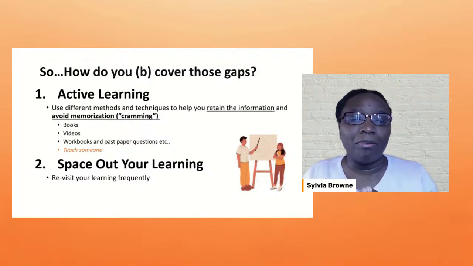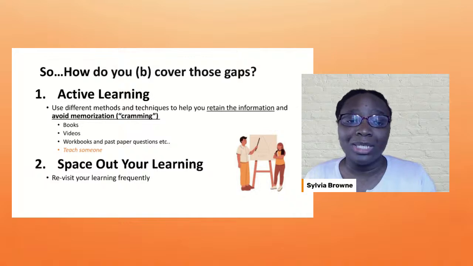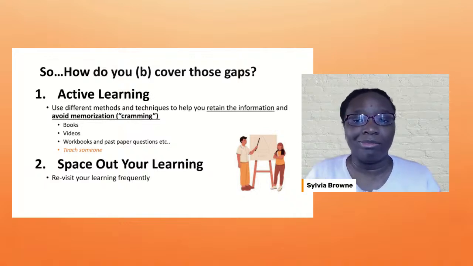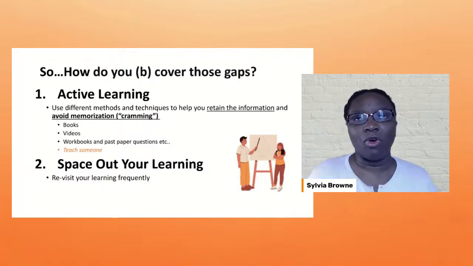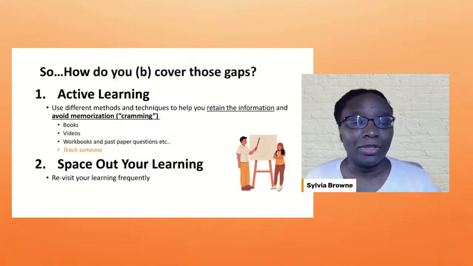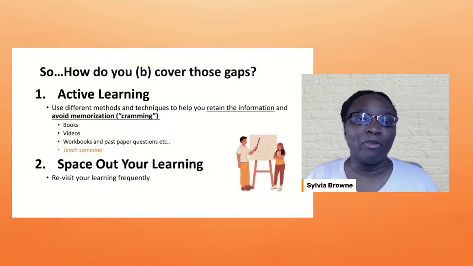You also become more frequently exposed to these questions, and so it's going to help memory retention. And one of my top tips for actively learning is teaching somebody else. So have you opened up your book today and you've learned about photosynthesis?